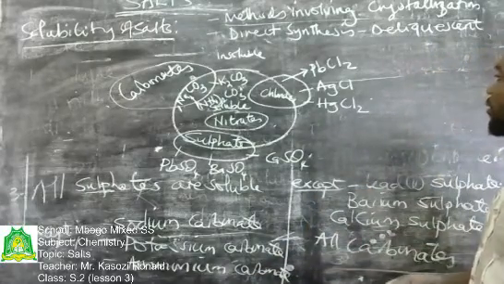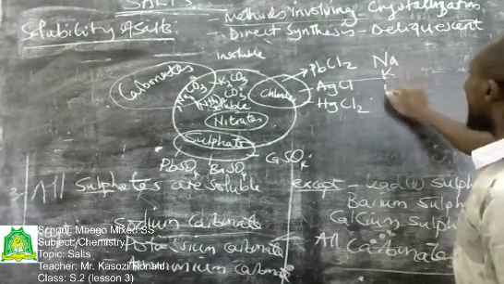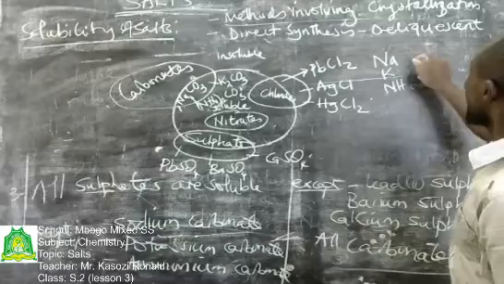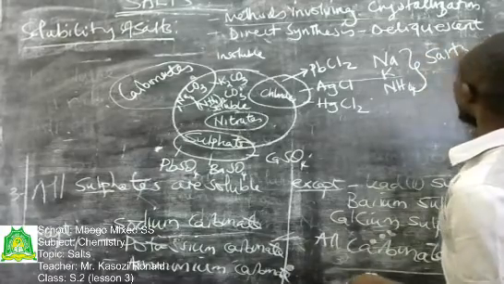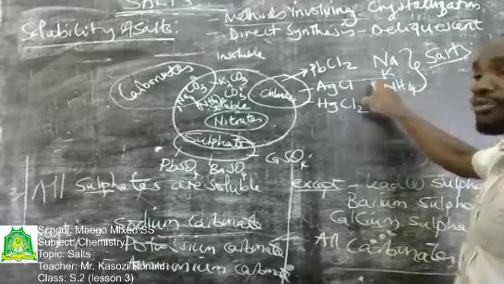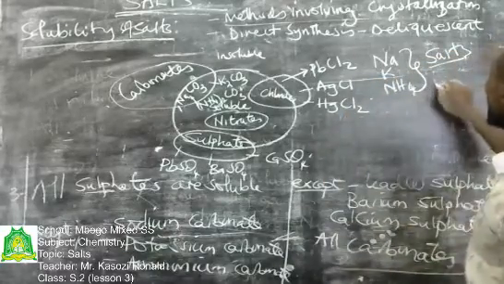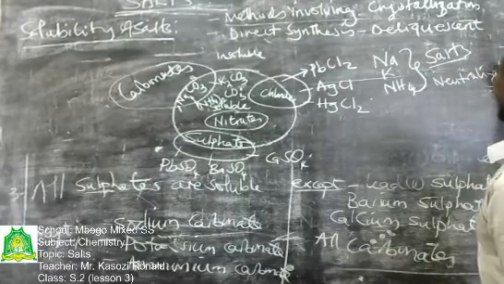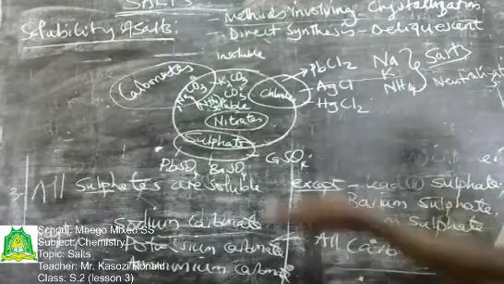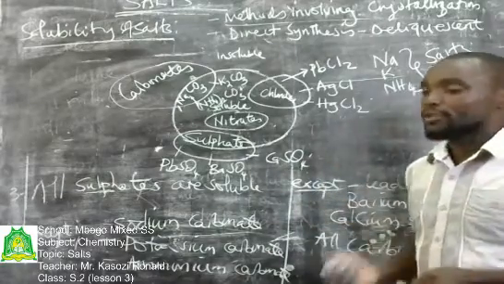For instance, when preparing sodium, potassium, and ammonium salts, all the reactants are soluble in water. Therefore, we opt to use neutralization such that we obtain the solution and carry out the crystallization.